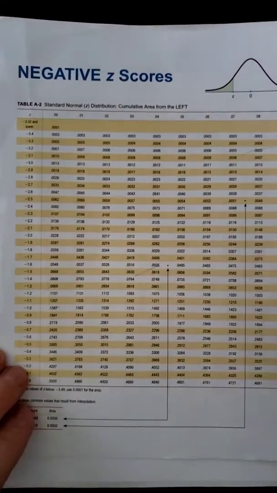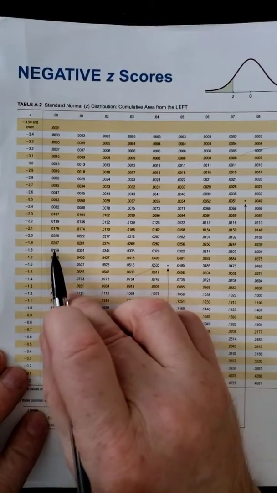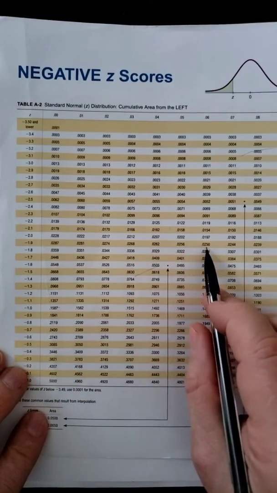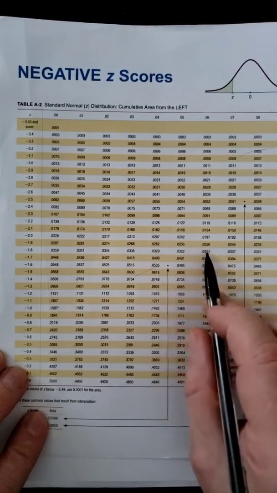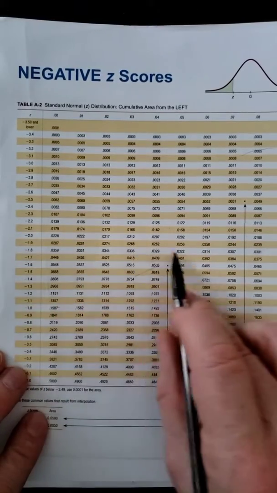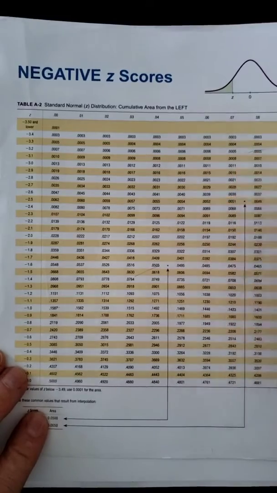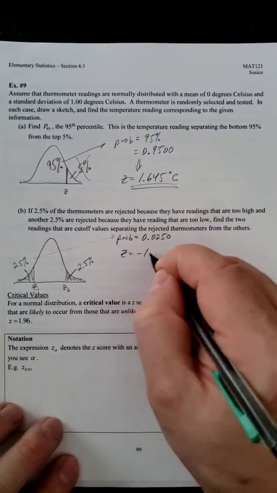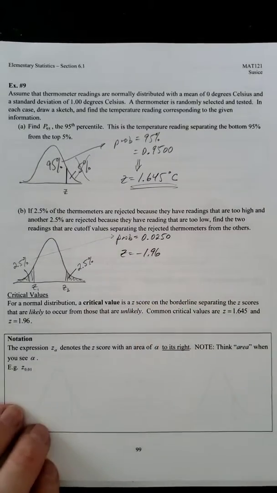Hopefully you said negative. So 0.025, where is it? 250. It's exactly there. So that looks like negative 1.96. So this is going to give us z equals negative 1.96.